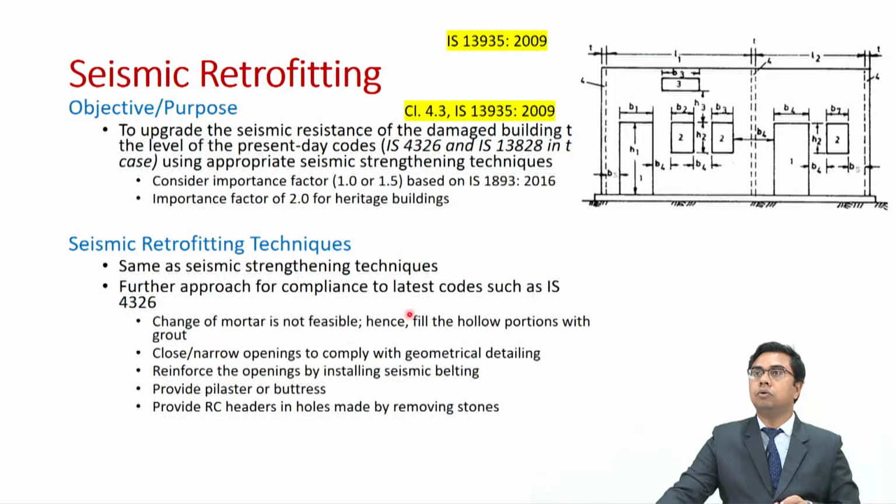Sometimes you may have to close some openings, sometimes you may have to narrow down some openings to comply with this geometrical detailing. You may have to reinforce the openings by installing seismic belts, okay, and sometimes if there is a very small number of cross walls, then you may have to provide pilaster or buttress in the midspan.